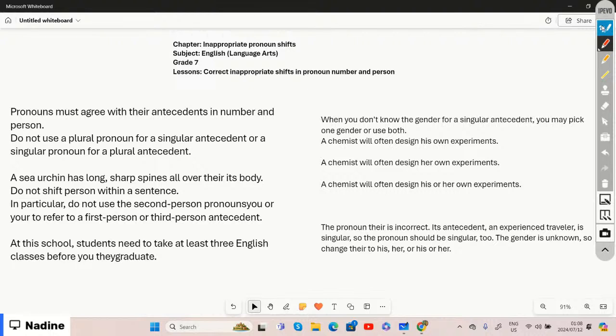And if we look at an example, it says, a sea urchin has long, sharp spines all over their body or all over its body.